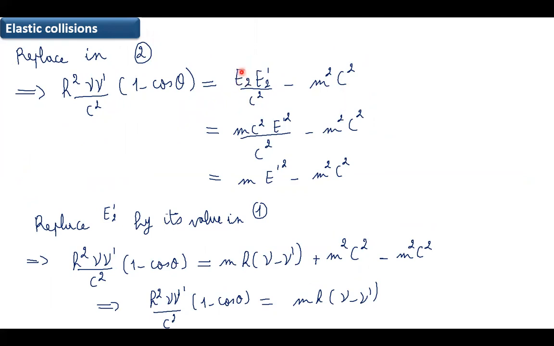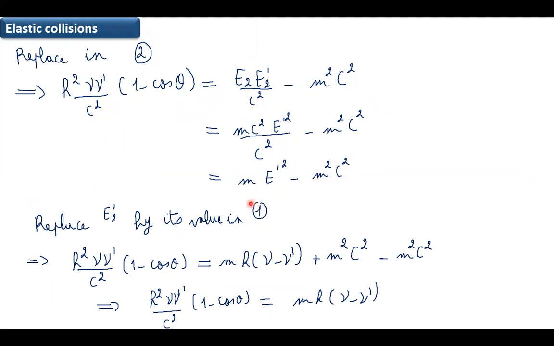Okay, E2 is the rest energy before collision, so it's mc squared times E prime 2 over c squared minus m squared c squared. Okay, we can simplify by c squared here, so it's equal to m E prime 2 minus m squared c squared.